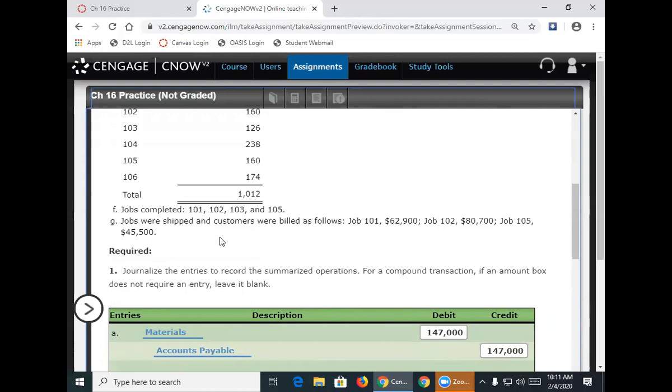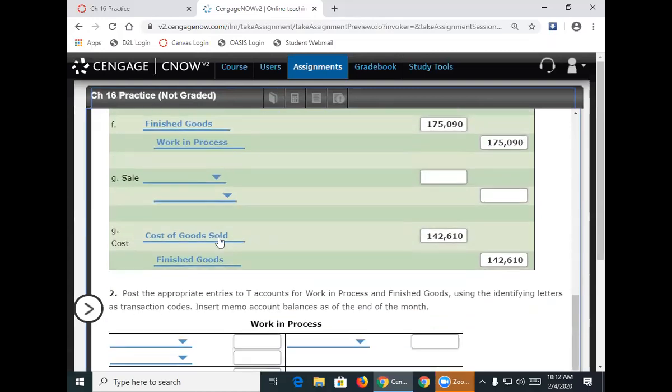That was our actual sales. So what would I debit if I billed the client? What account? Very good. Accounts receivable gets debited for the amount that we billed them, which is all 3 of those sales prices added together, 189,100. And then we credit our revenue account, sales.